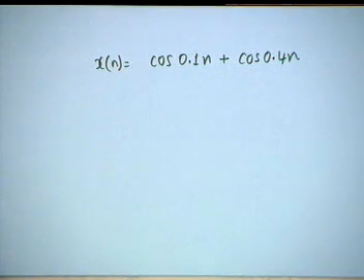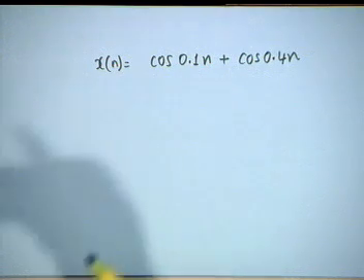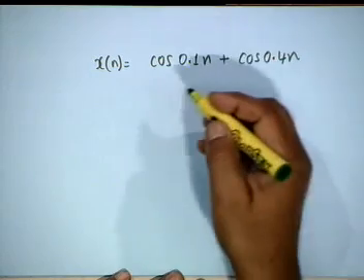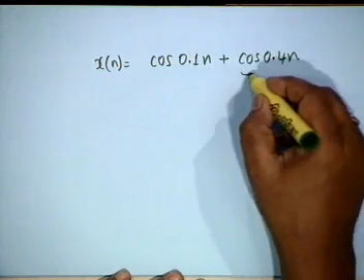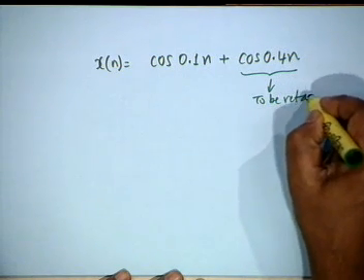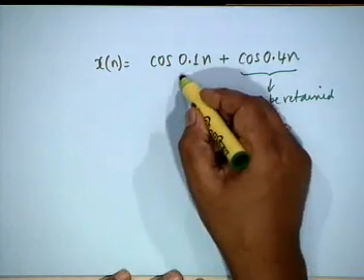Is this signal periodic? No, not at all. 0.1 divided by twice pi can never be a rational number, because pi is an irrational number. So, it is not a periodic signal, but we want to retain the second component, and the first is to be rejected.